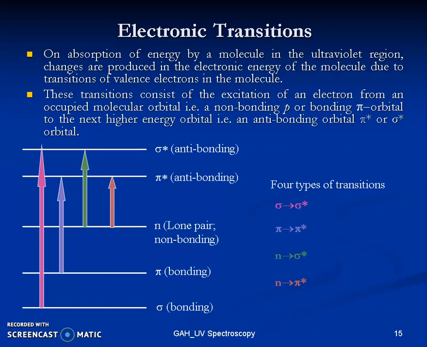of electronic transitions in UV spectroscopy. The electronic transitions are very important and should be understood if you are to understand electronic spectroscopy. On absorption of energy in the form of electromagnetic radiation by a molecule, changes evidently happen in the electronic energy states of the molecule due to the transitions of the valence electrons.